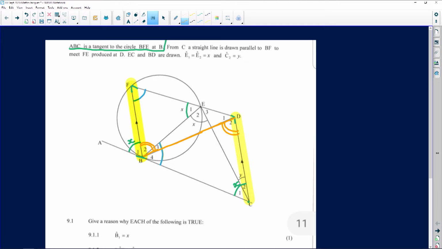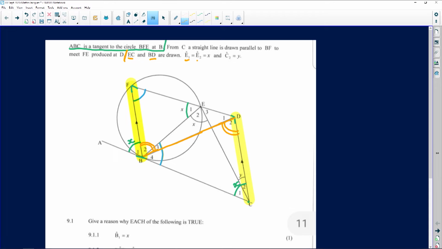Okay, let's read on. So we had that they are parallel and that they meet one another at the point D. EC and BD are drawn, so that just tells you EC is a line segment and BD is a line segment. So those two are straight lines.